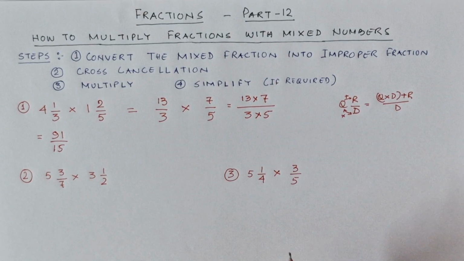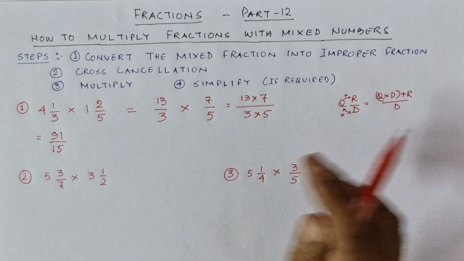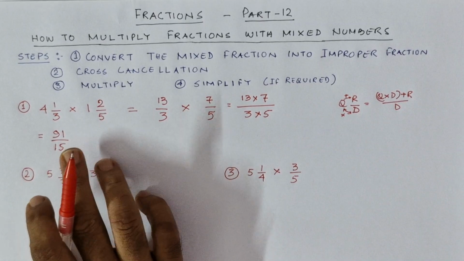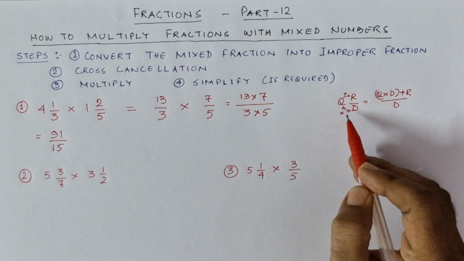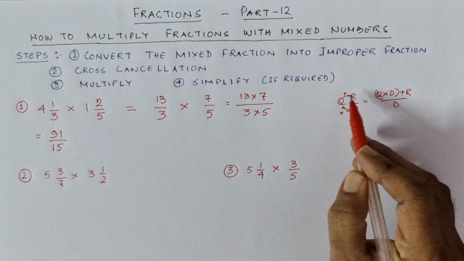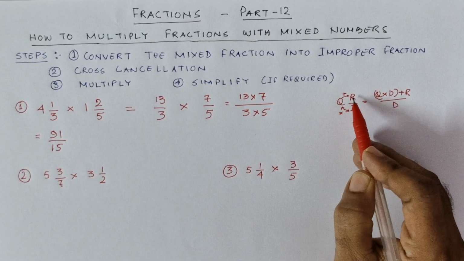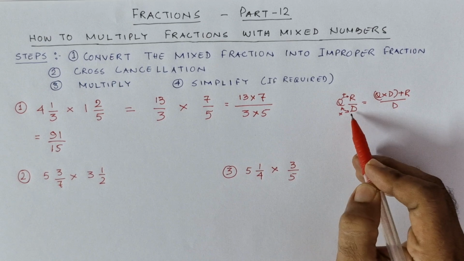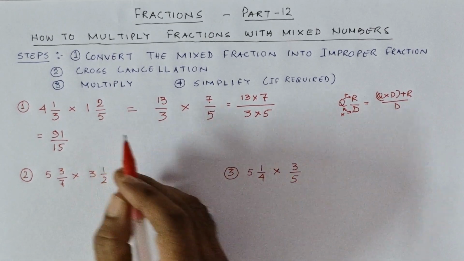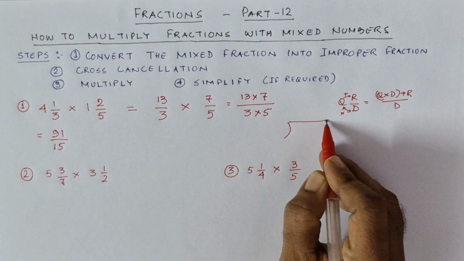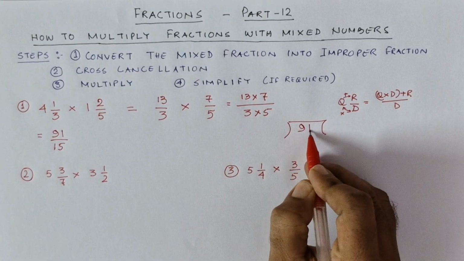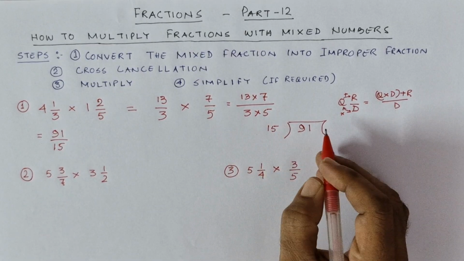Okay, so now this is again an improper fraction, so again reconvert this into Q R by D in a mixed fraction format. This is the quotient, this is the remainder, this is the denominator. So let us divide it. 91 by 15.